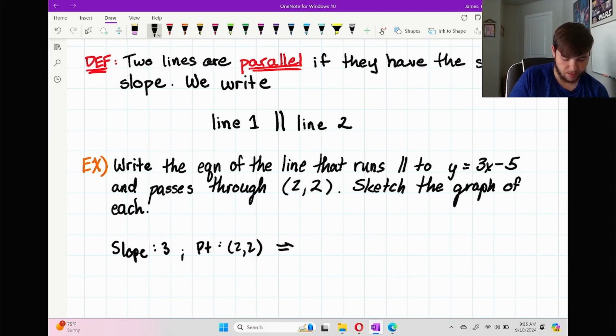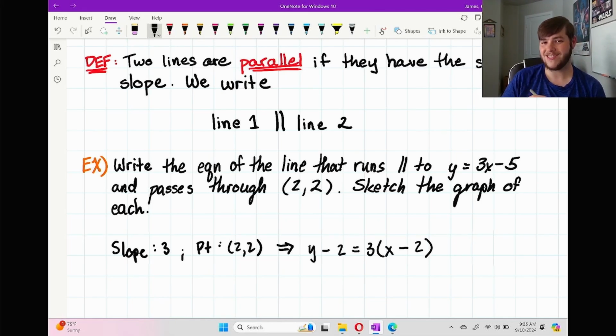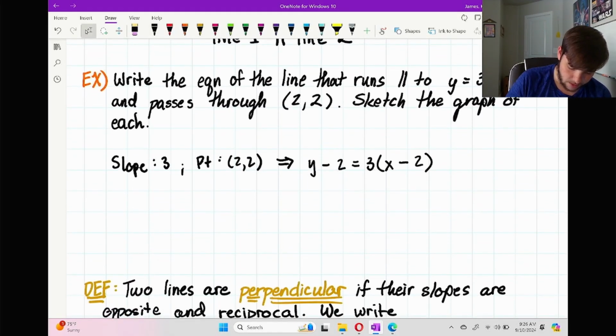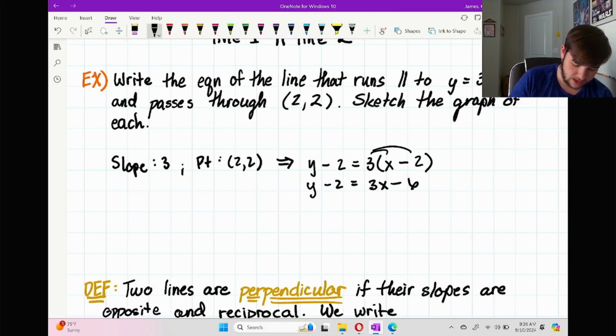So I can use the point-slope formula to write y minus y coordinate equals m times x minus x coordinate. It's typically easier, though, to write this in slope-intercept form for the purposes of sketching the graph. So, solving for y, I get y minus 2 equals 3x minus 6.